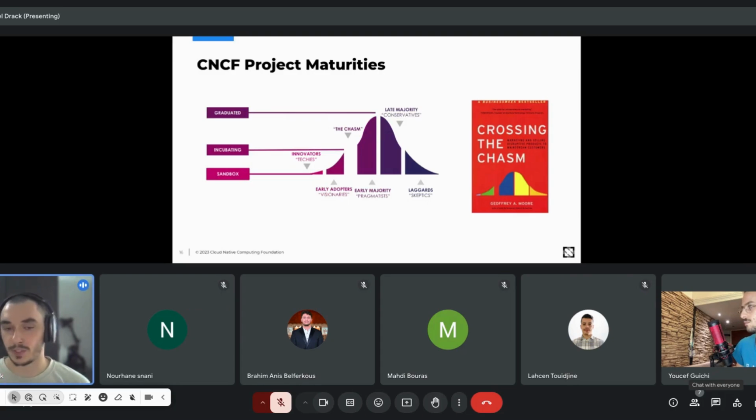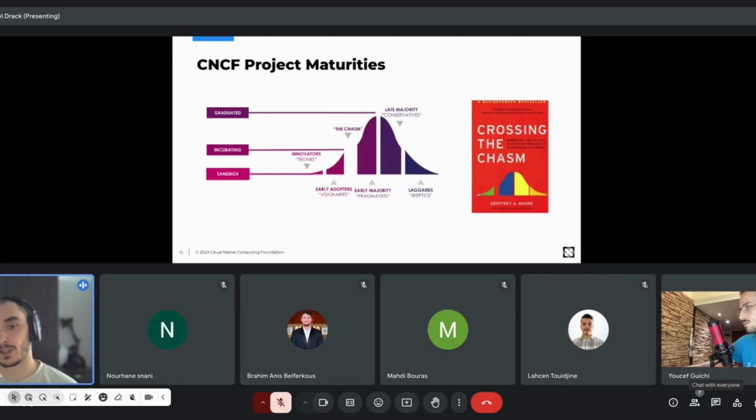And most projects have the problem that they're not mature and renowned enough to cross this chasm and reach the majority of users. They're never able to cross this chasm.